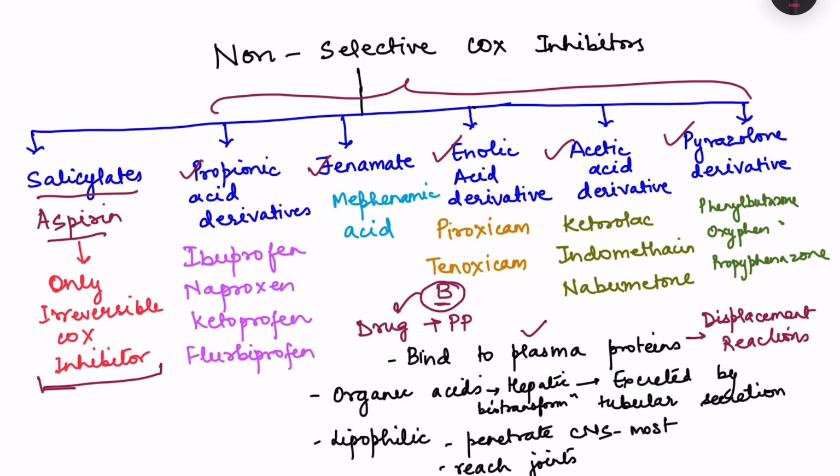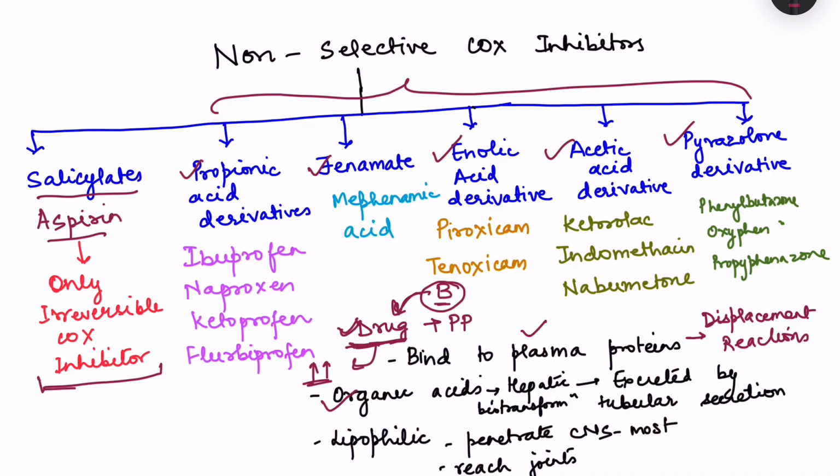So this drug will also compete for binding with the plasma proteins, and this original drug is going to be displaced. So the free concentration in the blood is going to increase for this drug, right? So that means there will be chances of toxicity of this drug. So in this case, the dose of this drug needs to be decreased, right?